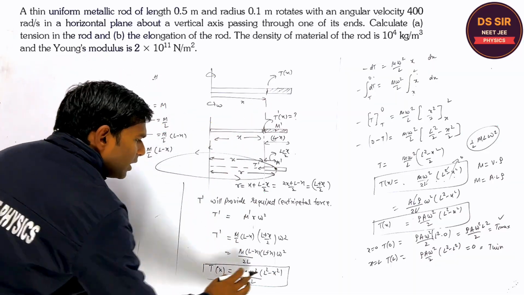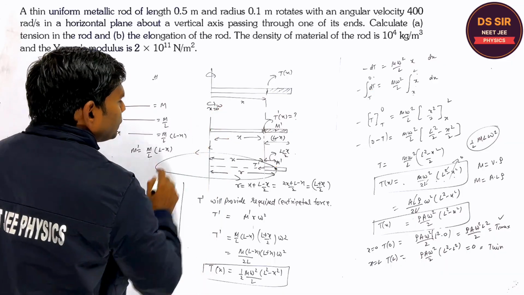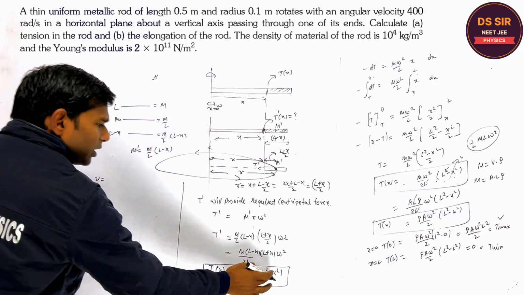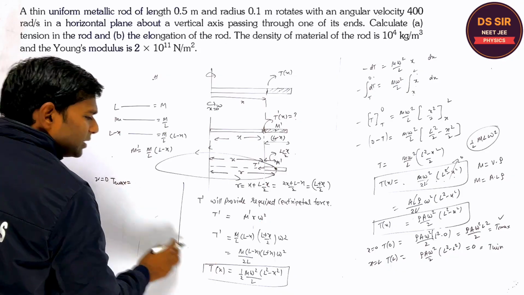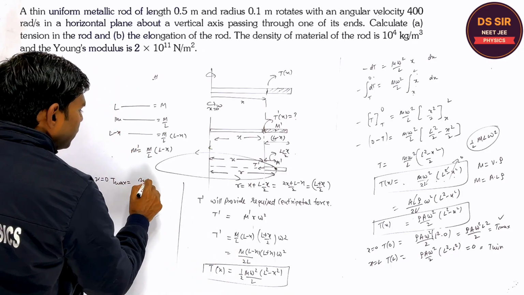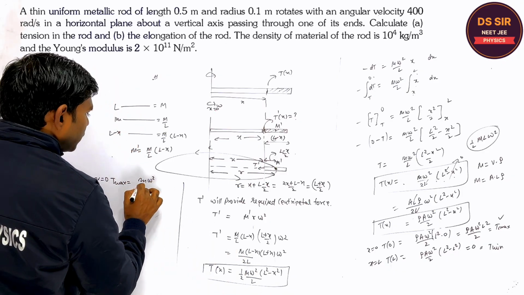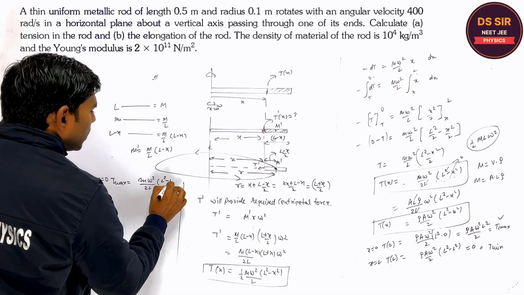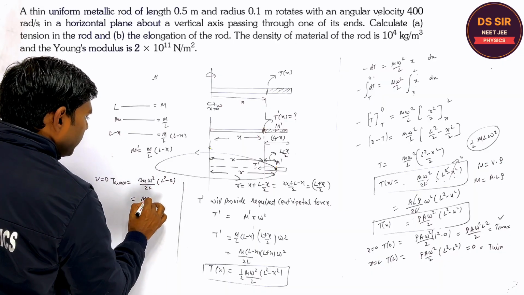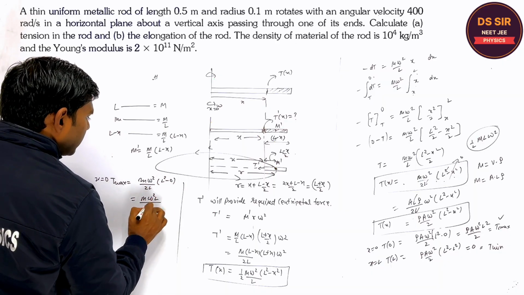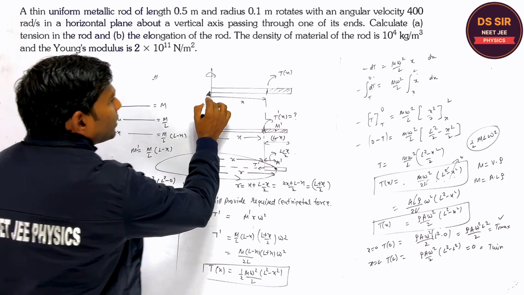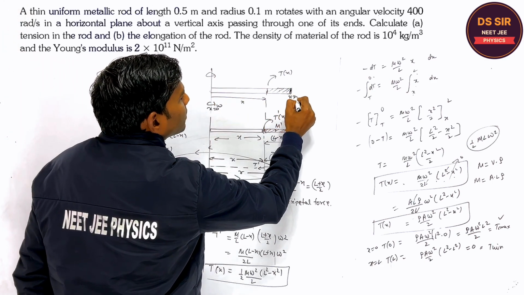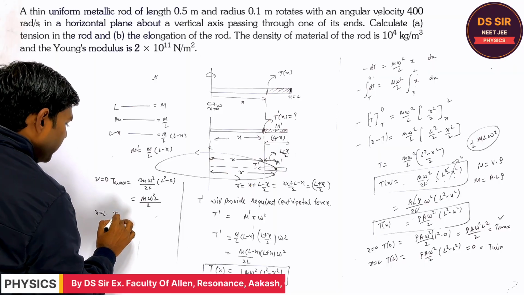At x equal to 0, the tension is maximum, which is m omega square L upon 2. And at x equal to capital L, it means at that end the tension is minimum.